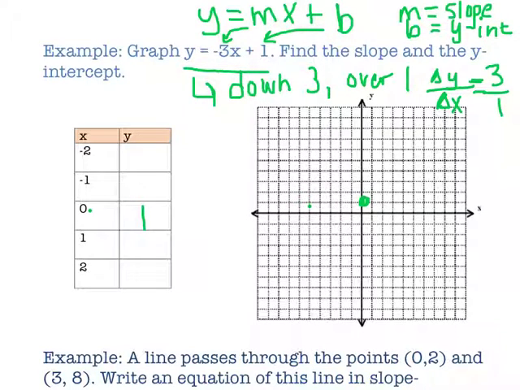So what that means is now I know where my next point should be. If my slope is -3, that means I'm going to count from my starting point here down 1, 2, 3, over 1. And right here is where I will put my next point. So down 3 over 1.